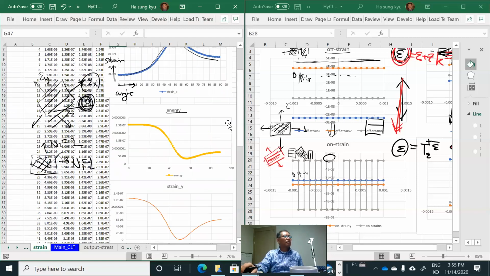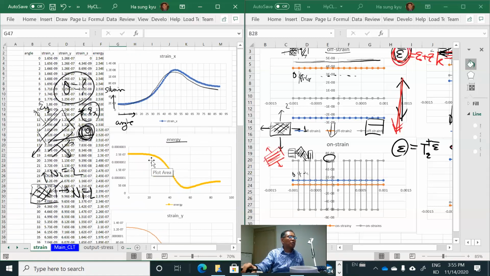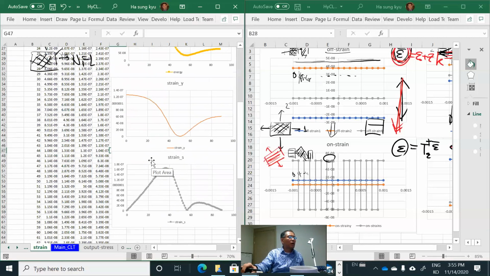Again, let us ask questions. Which angle theta is good? Good means that we should not fail, should support strongly and with a minimum weight. Which angle is good? Well, we don't know.